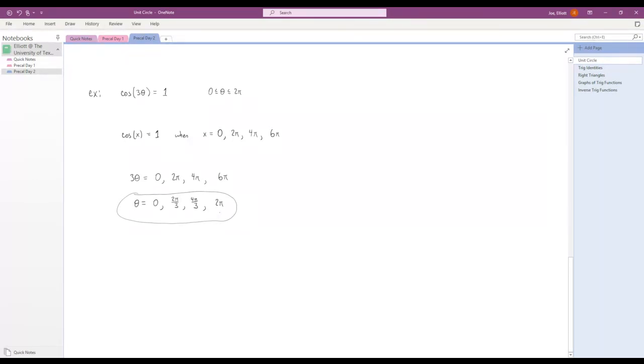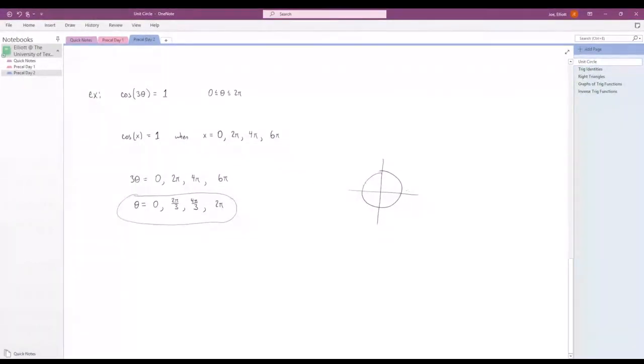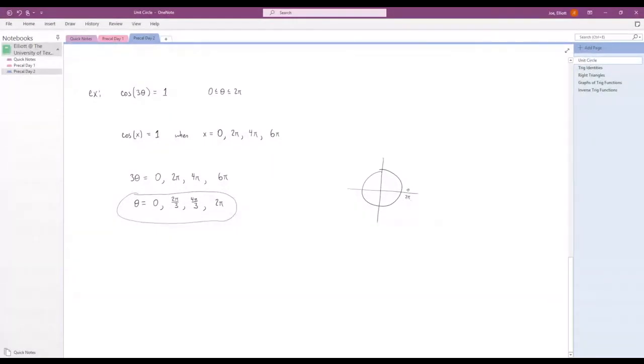So maybe one way you can think about it is, why did we have to go all the way out to 6π? 6π means that you had to go around the circle once, twice, and then a third time to get to 6π, right?